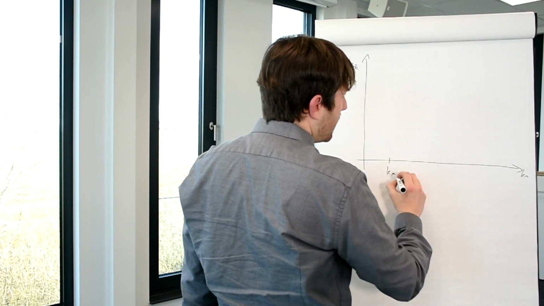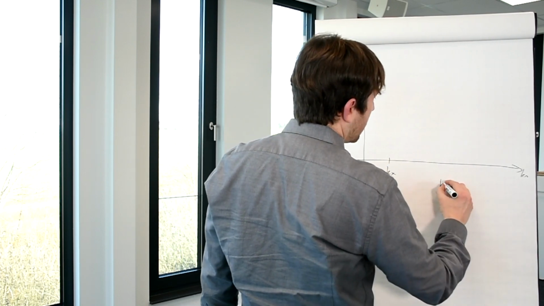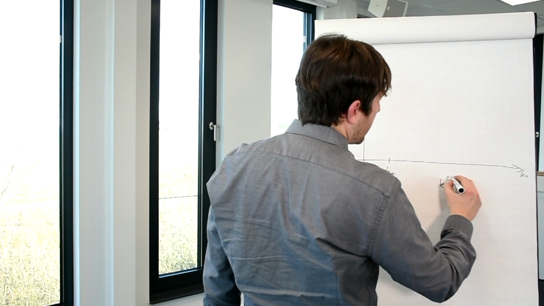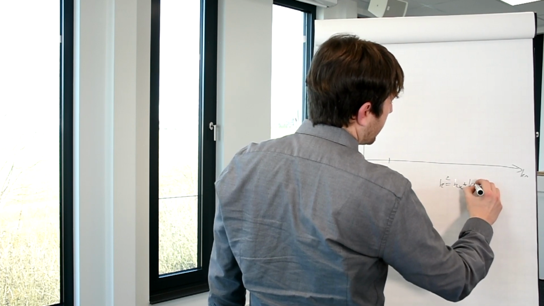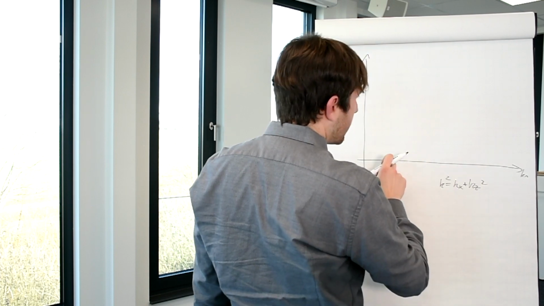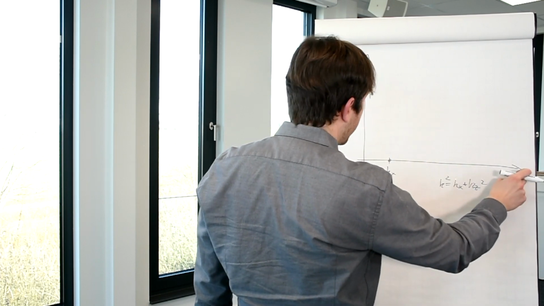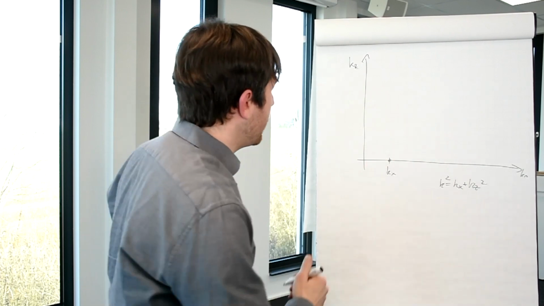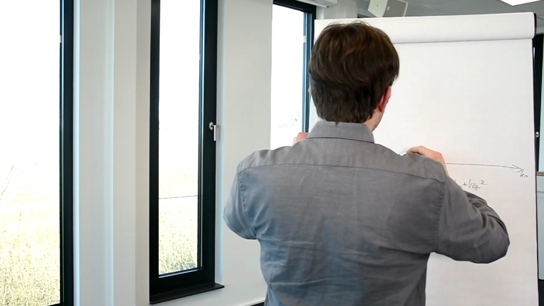So if k squared is kx squared plus kz squared, if k is as high as kx, and kx is defined by the antenna spacing, then kz is 0.